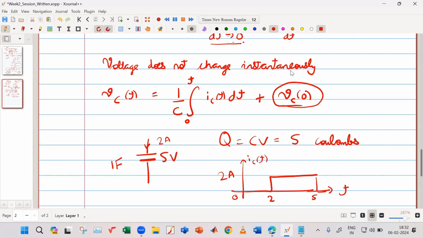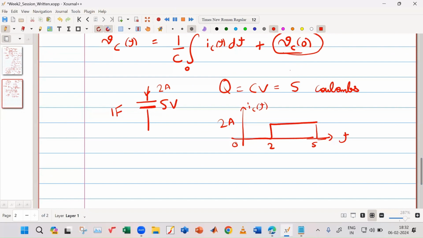Now what will happen to the capacitor? Initially the current to the capacitor was 0, and let us say that Vc of 0 is 5 volt. I'll repeat slowly. I have a capacitor which was initially charged to 5 volt.